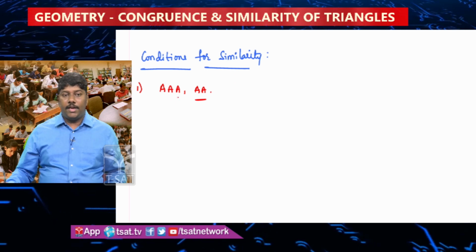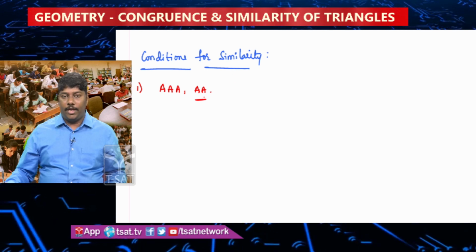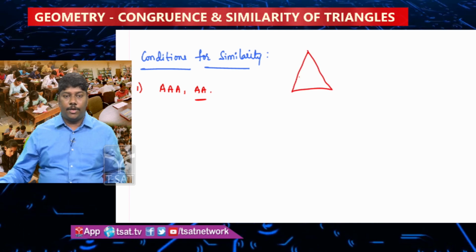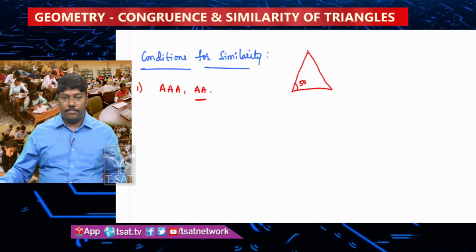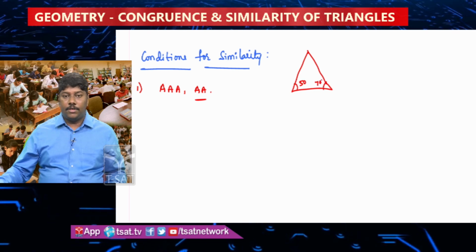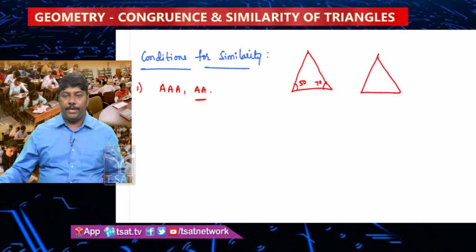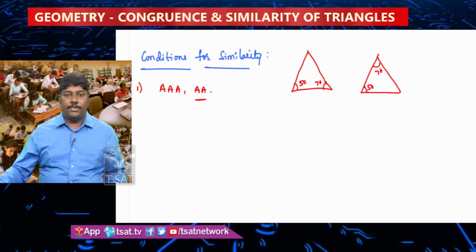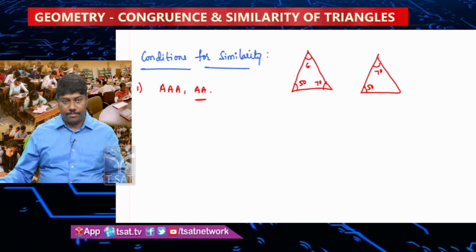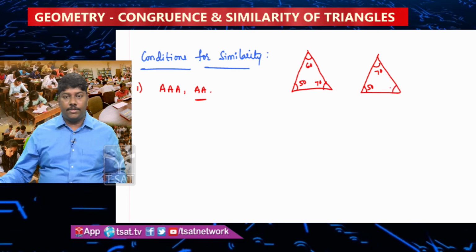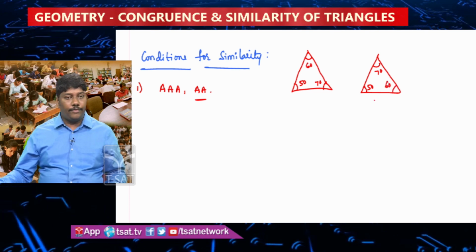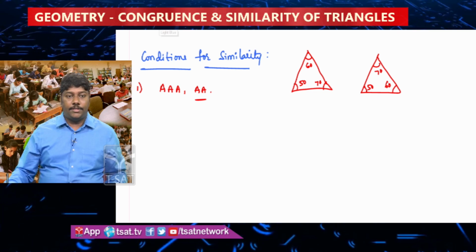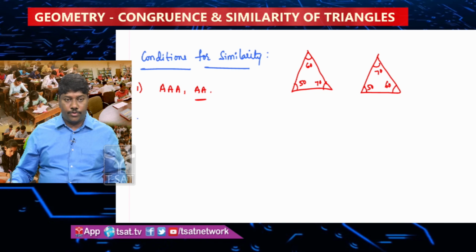If not 3, at least 2 angles must be equal. If you don't know the third angle, not a problem, because if it is 50 and 70 in one triangle, and in the other triangle also 50 and 70, obviously what is the third angle in the first one? 60. What is the third angle in the second one? 60. So even if you know 2 angles or 3 angles, it's okay.